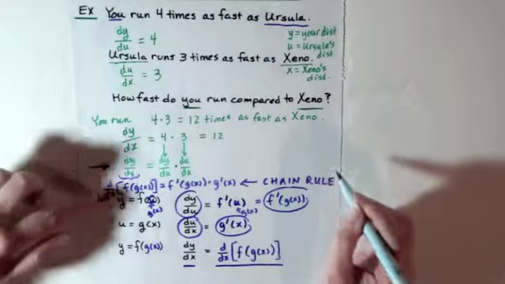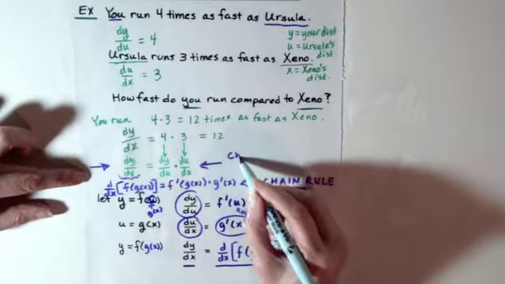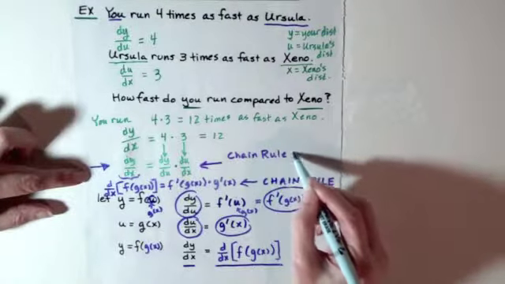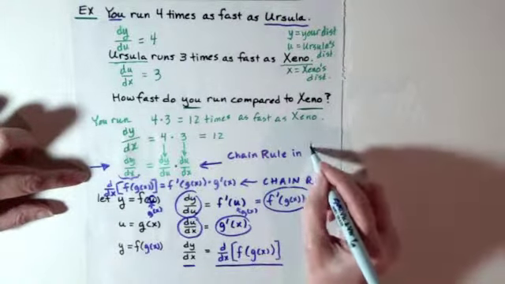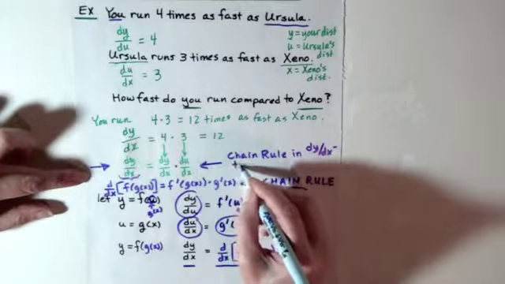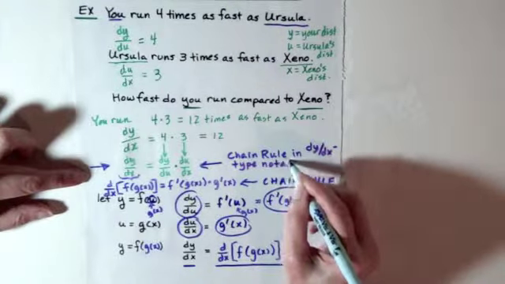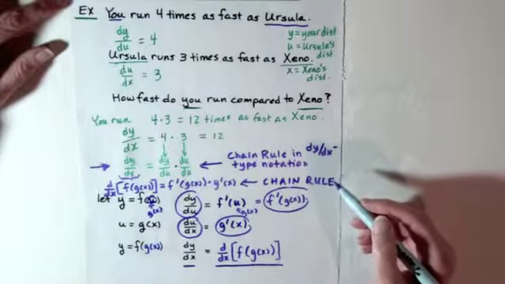So what I have written right above it is also the chain rule, but it's the chain rule in the dy dx type notation. It's really the alternate notation for the chain rule.